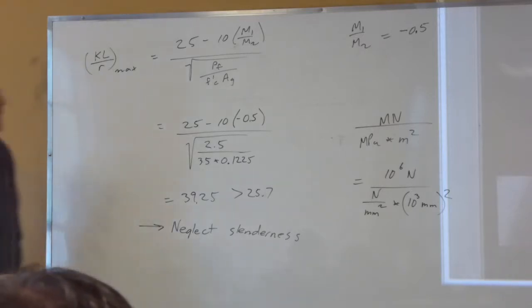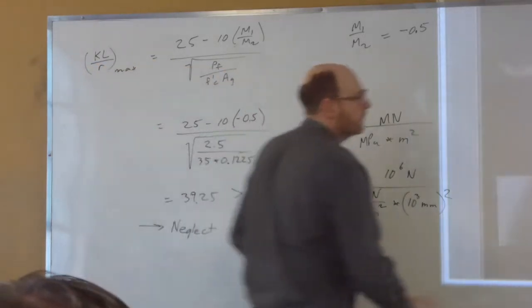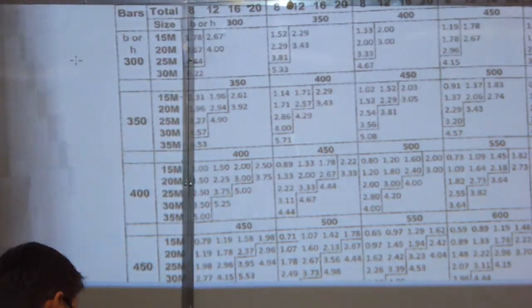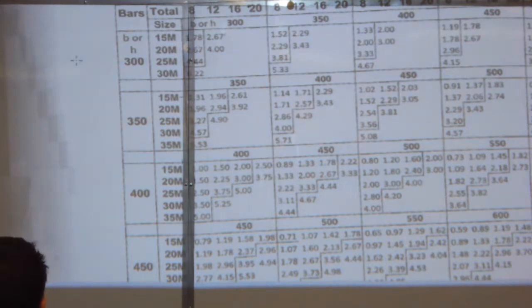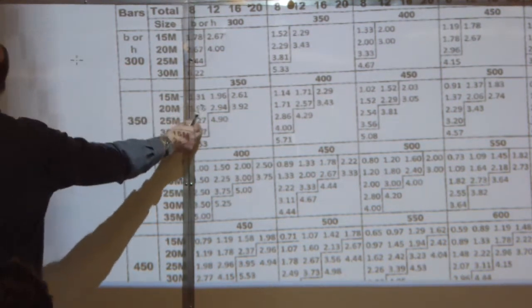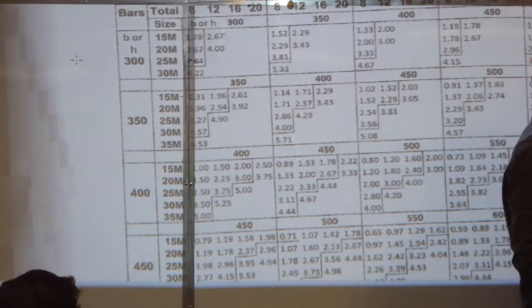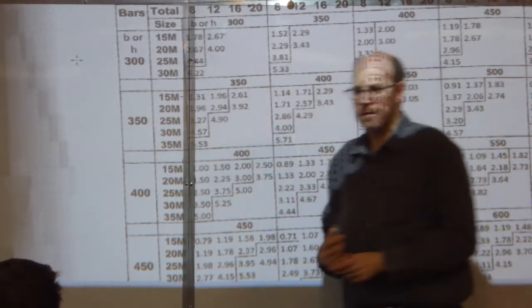Okay, so this is our next table that we're going to look at. Again, we're working with a 350 by 350 column. So we're in this configuration right here. And remember that the reinforcing that we pulled up off of this table needed to be about 2%, right?